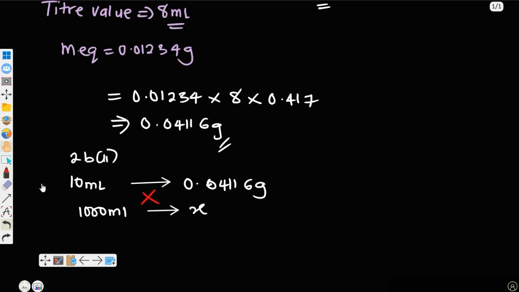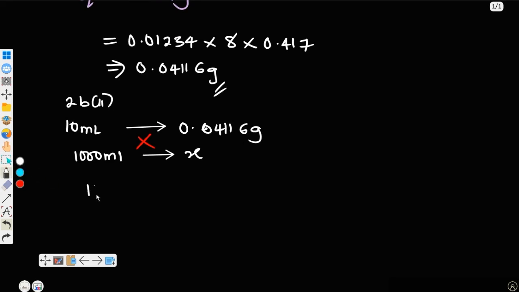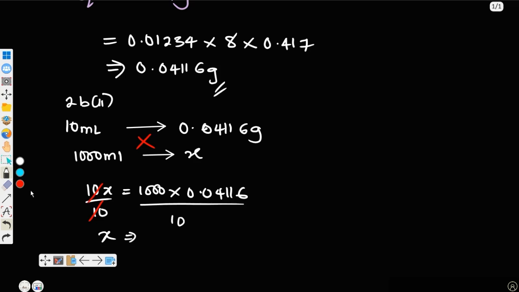So 10x is 1000 mil times 0.04116. Divide both sides by 10. So x would be 100 times 0.04116, which is 4.116 gram. So this is the amount that is present in 1000 milliliter.